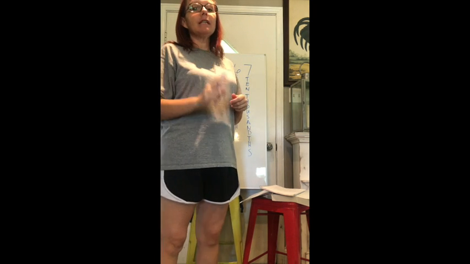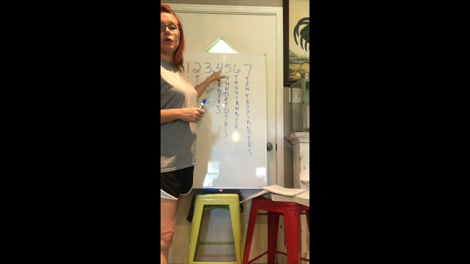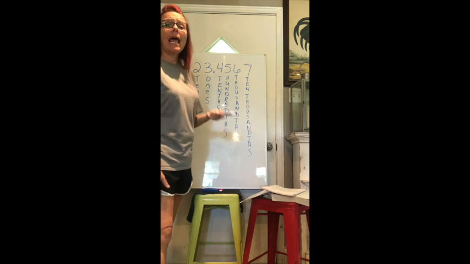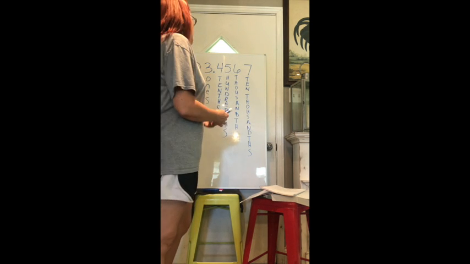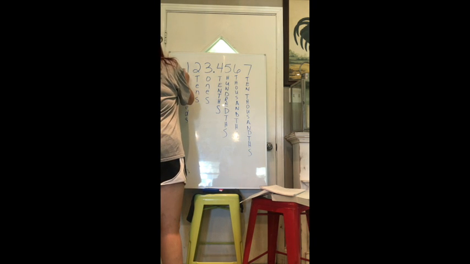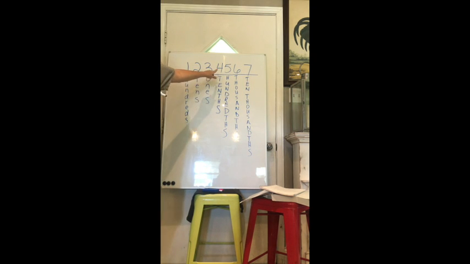The first part of decimals that we have to understand, though, would be place value, what the names of the decimal places are, and then how to round those, okay? So to start with, we have our big number up here, and our number has a decimal in the middle.